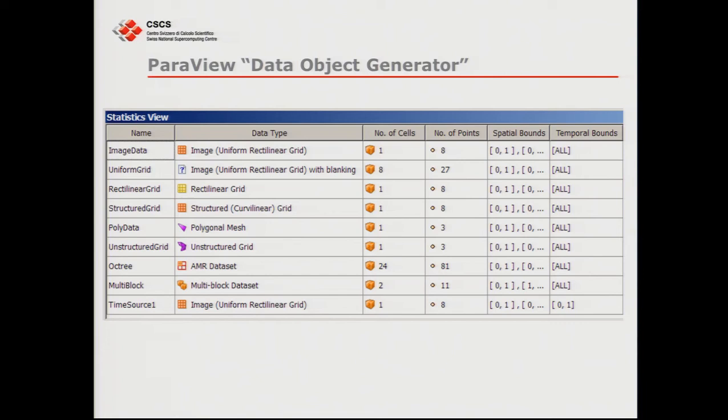And if we look at a particular filter of ParaView called the data object generator, we actually can see that there is a specific icon that is associated with each of those particular data types there.